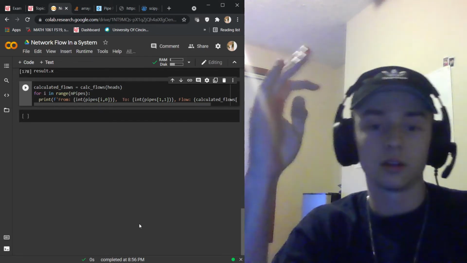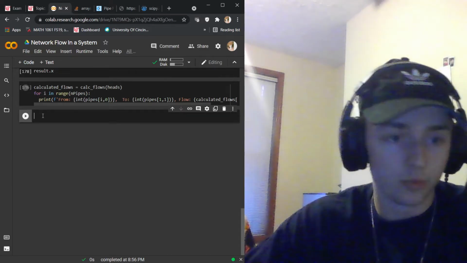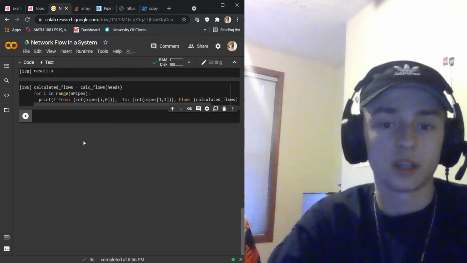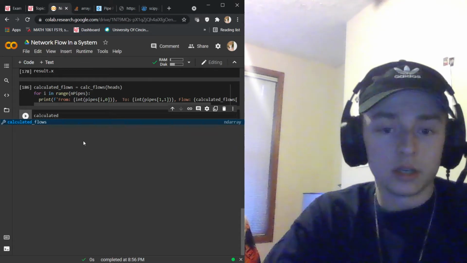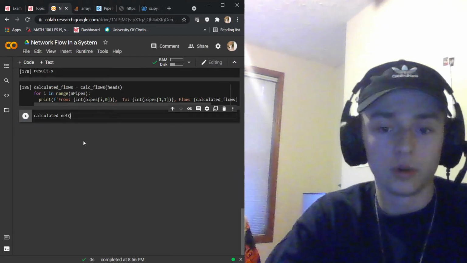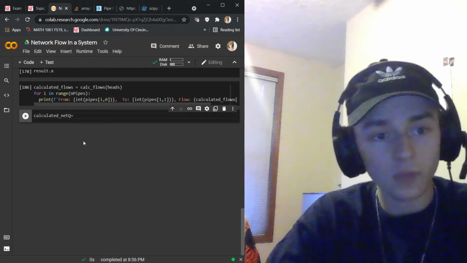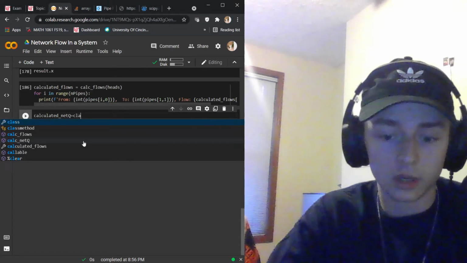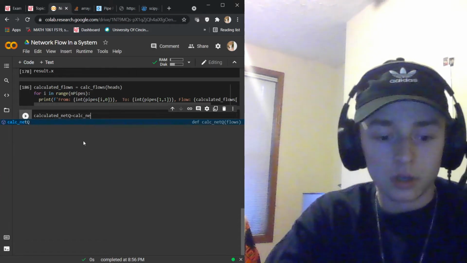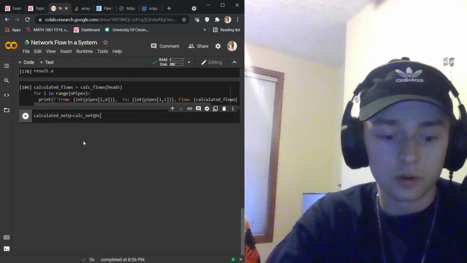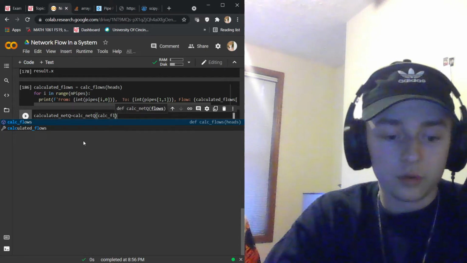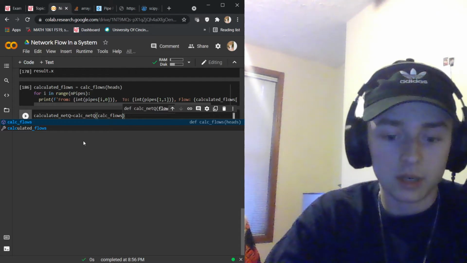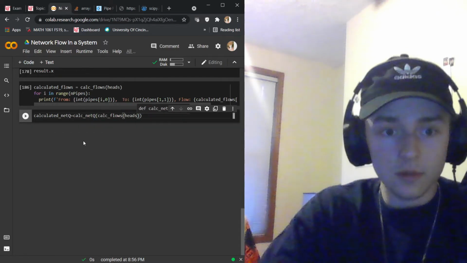And then doing pretty much the same method, we're going to say that our calculated net flow in the system is equal to our calc net Q of, that's parentheses, calc flows dependent on the heads in the system.